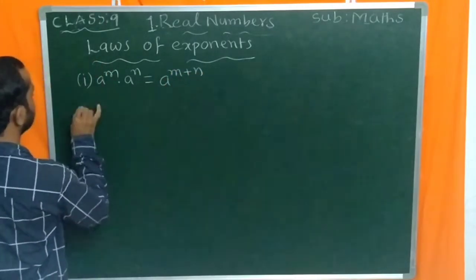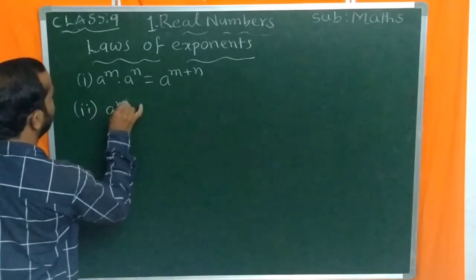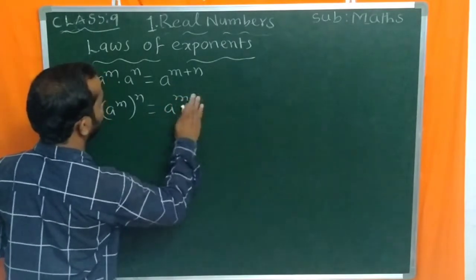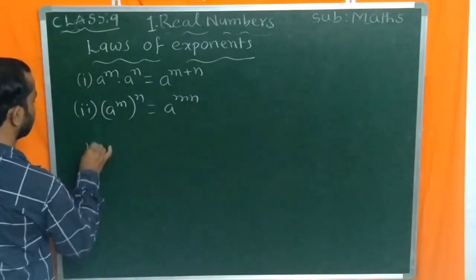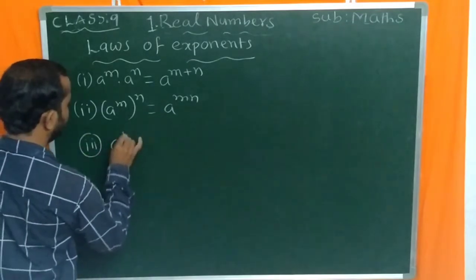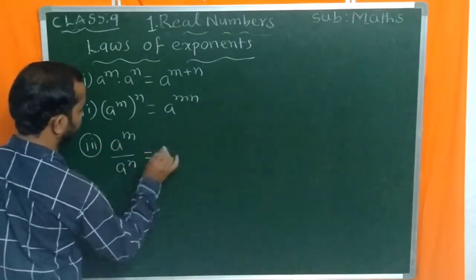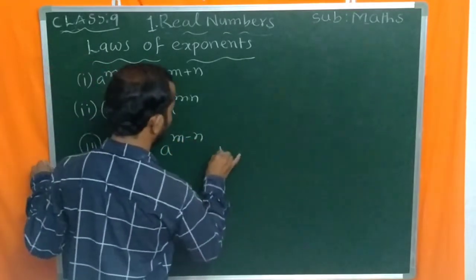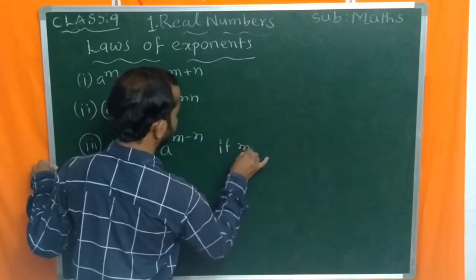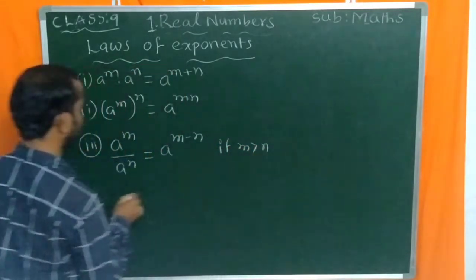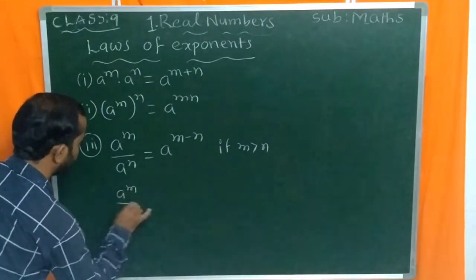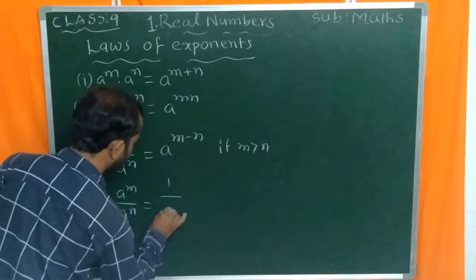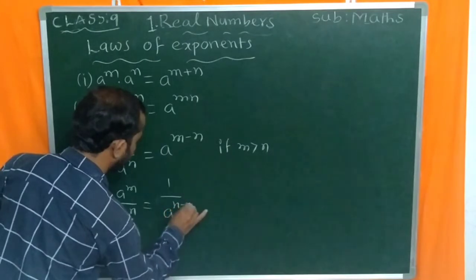Second: a to the power of m whole to the power of n equals a to the power of mn. Third: a to the power of m by a to the power of n equals a to the power of m minus n, if m is greater than n. Otherwise it equals 1 by a to the power of n minus m.